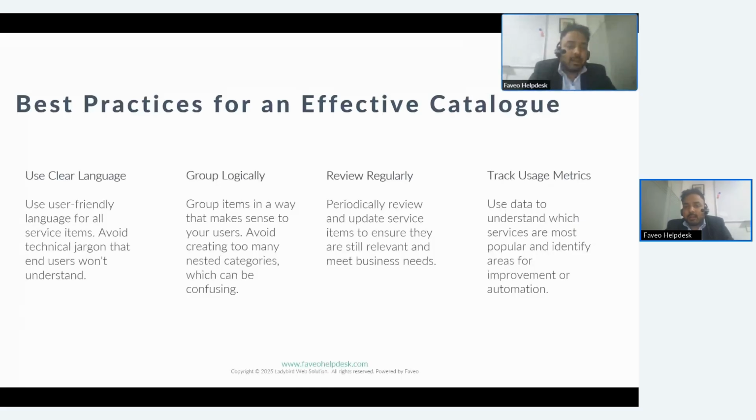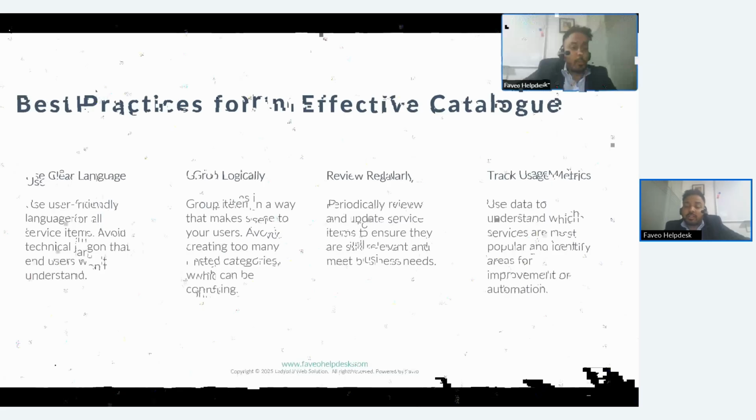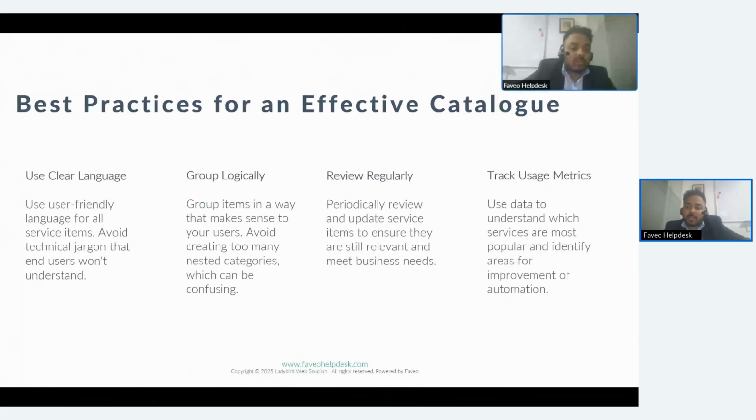Then the last effective best practice is to track usage metrics. Use data to understand which services are most popular and identify areas of improvement or automation. With these usage metrics, an organization would be able to know which services are most popular.